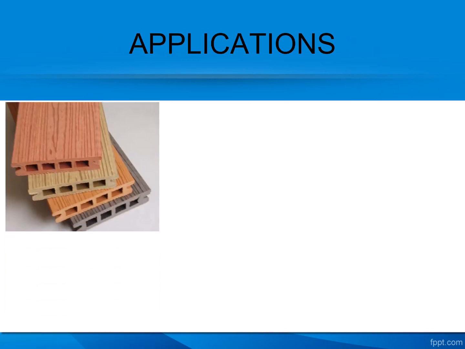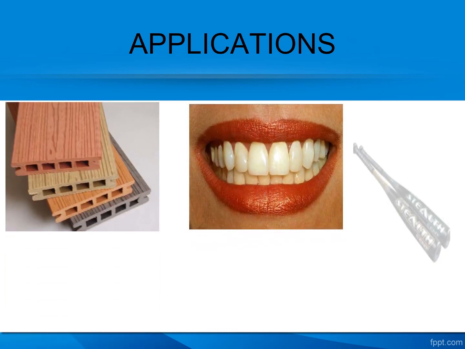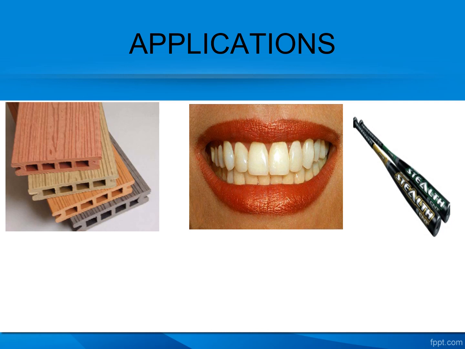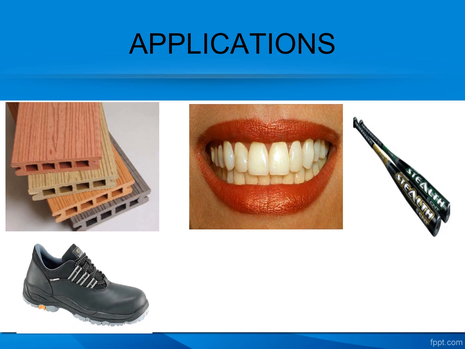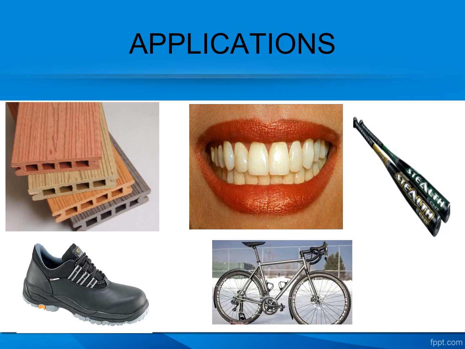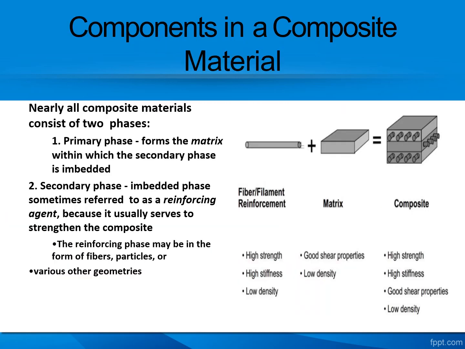Other than that, doors, dental implants, your baseball bat, hockey bats, tennis rackets, shuttle rackets, everything you use in sports is made up of composite materials. Shoes and cycles too; nowadays composite materials find wide applications everywhere.